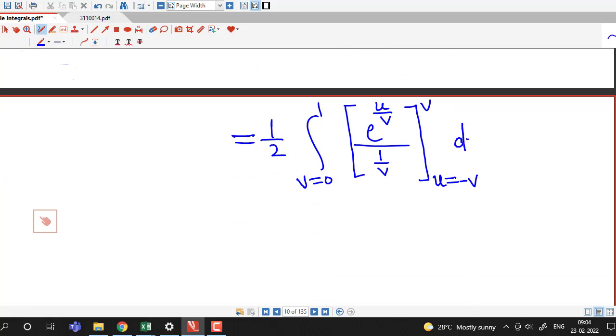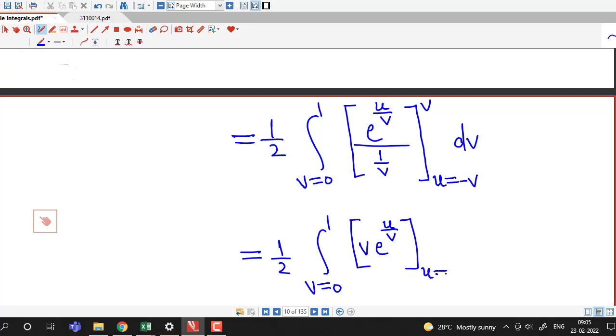And here after substituting limits, we will integrate with respect to v. So we can rewrite this as v equal to 0 to 1, v times e raised to u by v, and after this step we will put u equal to minus v and v.